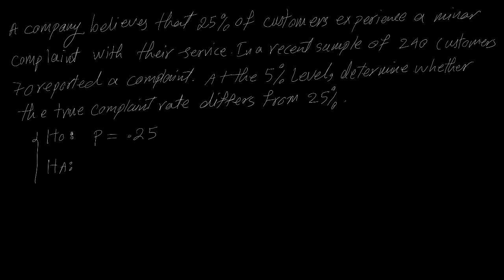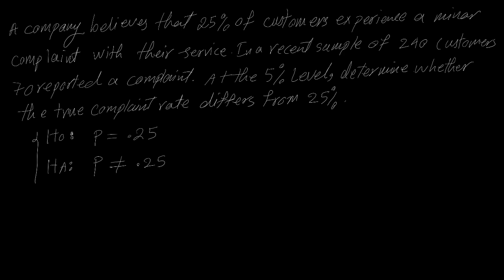And then it says determine whether the true complaint rate differs from 25. So it can be less or greater than 25. So the alternative is P not equal to 0.25.